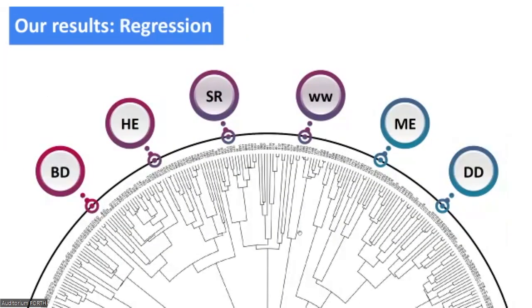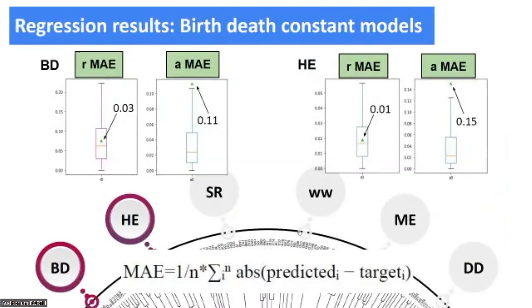For our regression results, for the Verdes constant models, we expressed the mean absolute error. As we can see here, it is higher for the relative extinction rates than for the diversification rate.